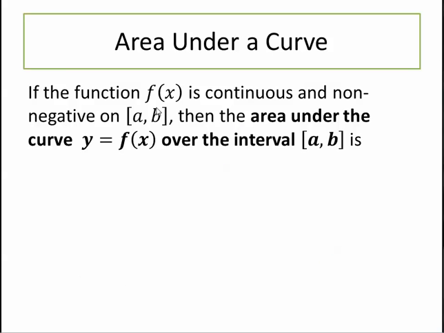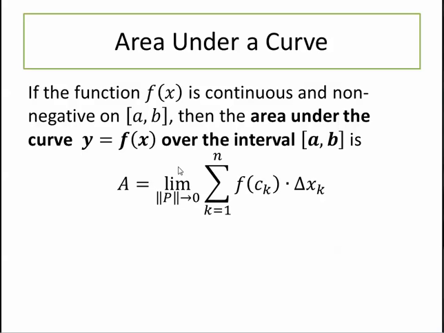If the function f of x is continuous and non-negative on the interval, then the area under the curve over the interval a, b is given by the limit as the norm of our partitions go to 0 of the Riemann sums. So this is different than what we did before for the area. In the last video, we talked about this sum here, but we hadn't defined what Riemann sums were.